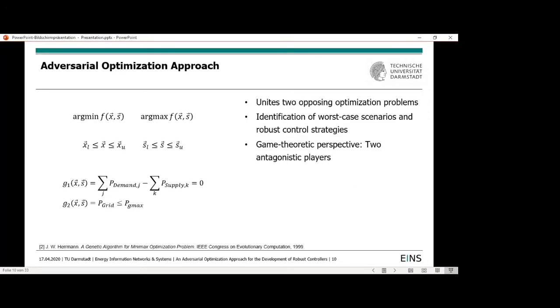Here we have two opposing optimization problems, which are united into one overall problem: a minimization problem and a maximization problem. The maximization problem identifies worst case scenarios over the optimization run, and the minimization problem identifies corresponding robust control strategies.